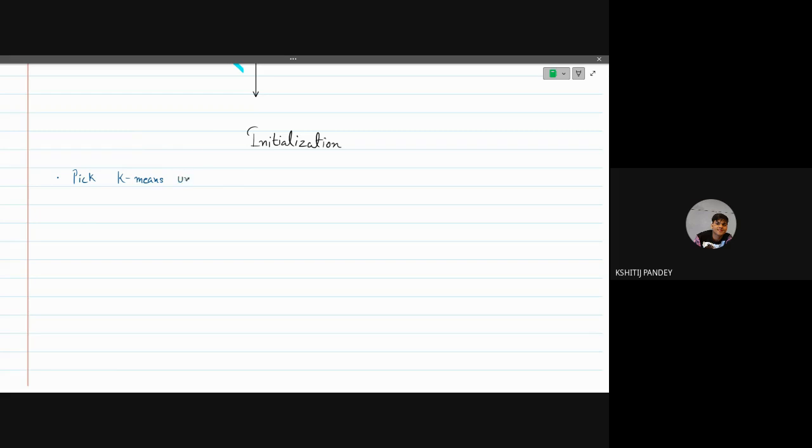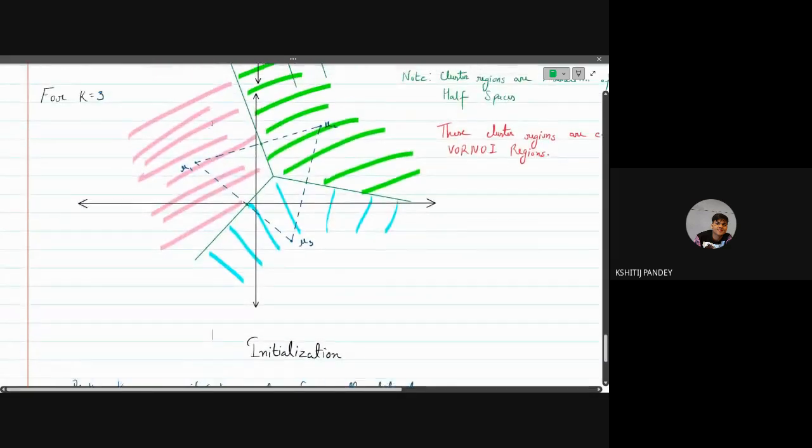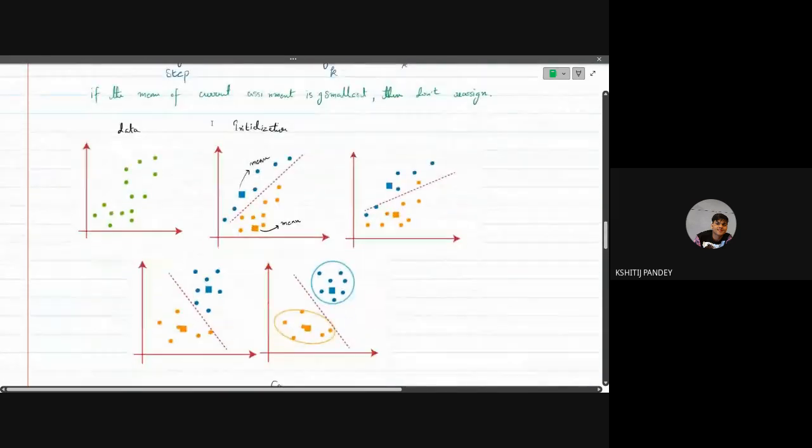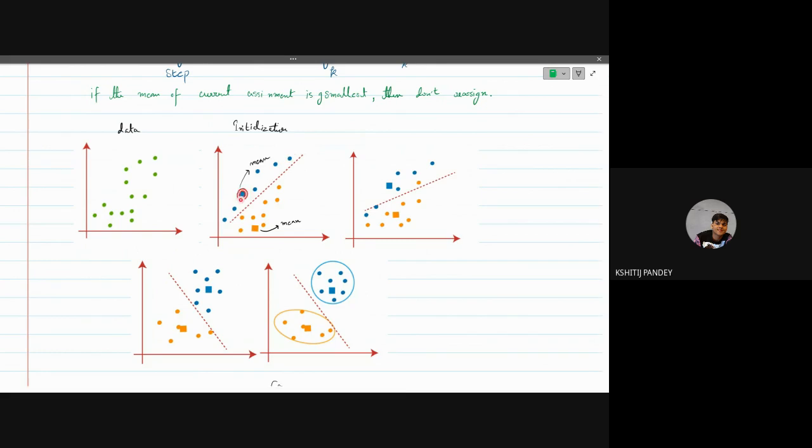Uniformly random from the data set. If you look carefully at the image, first we are assigning each cluster a mean. After that, depending on the mean, we give a cluster to each point.